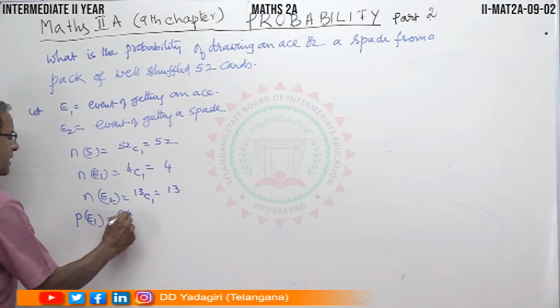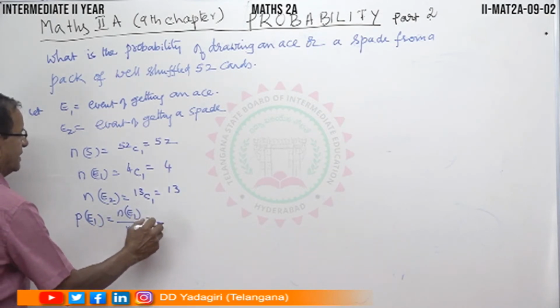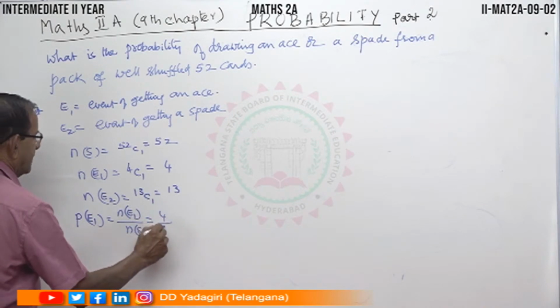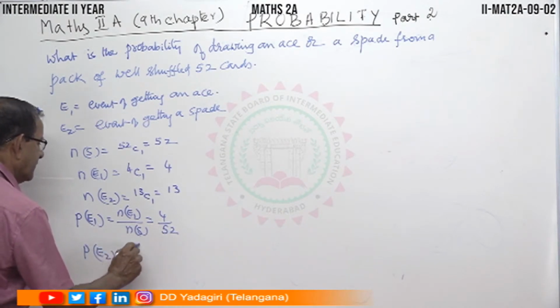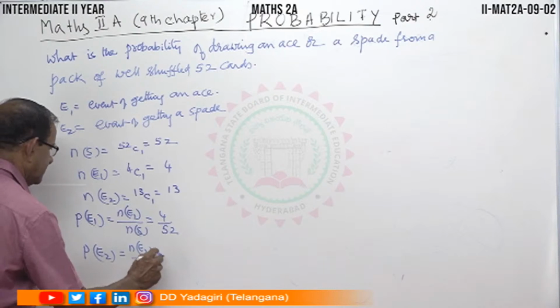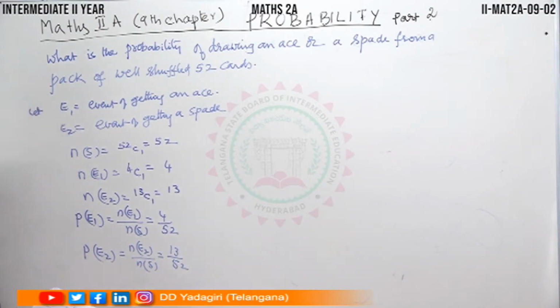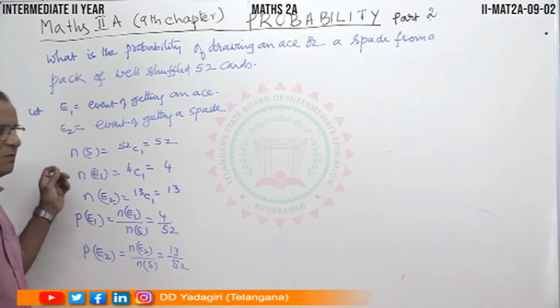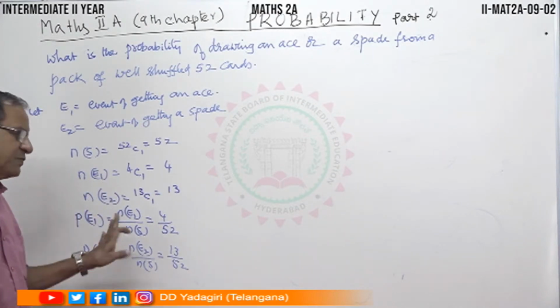Now, what is P of E1? N of E1 by N of S. That is 4 by 52. What is P of E2? N of E2 by N of S. That is 13 by 52. Now, there is one card in common. That is an ace as well as spade also.